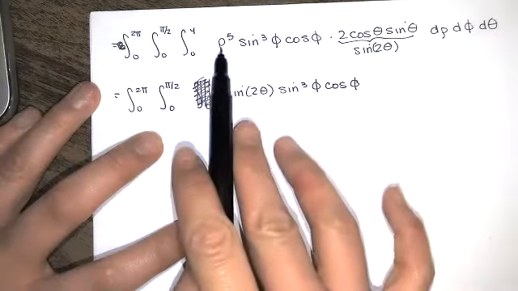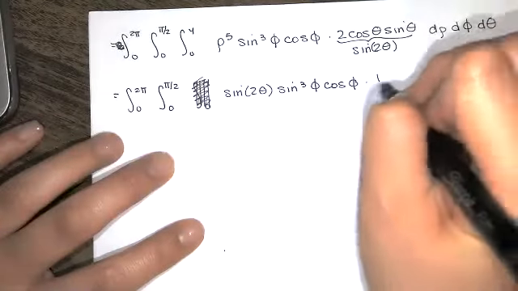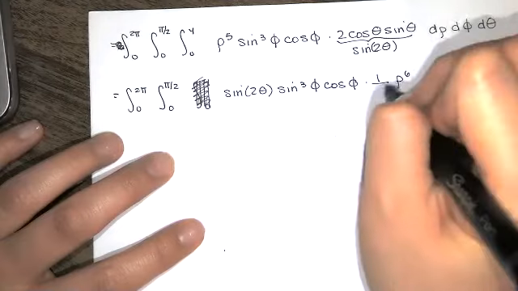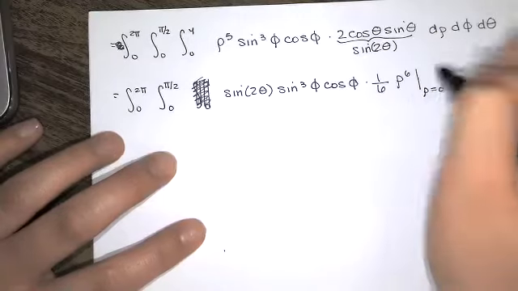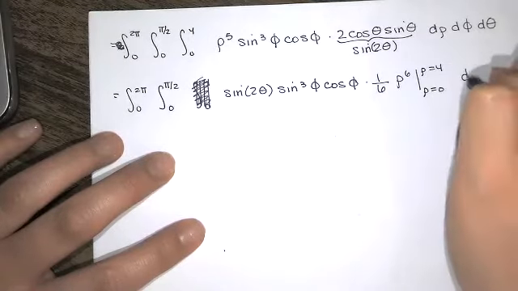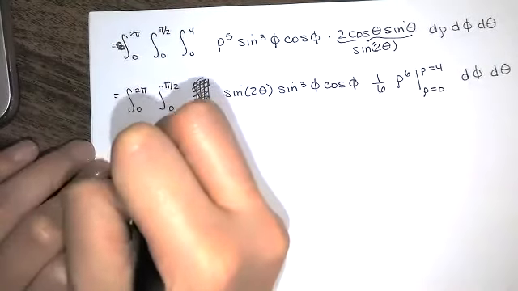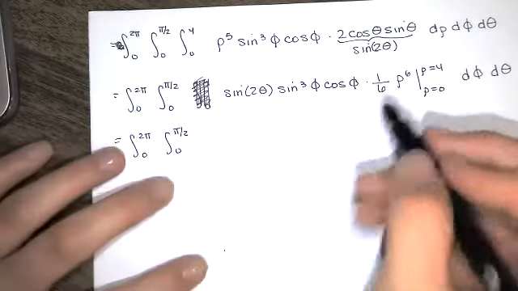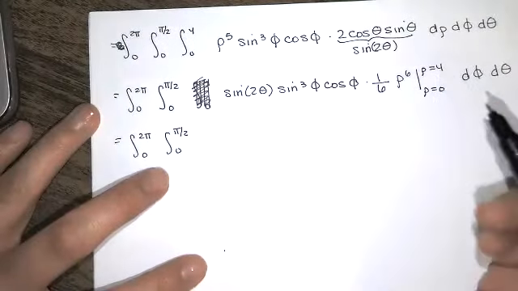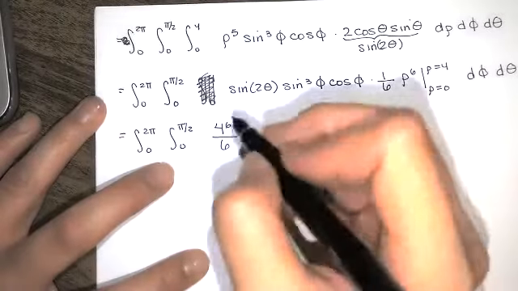And then the antiderivative of rho to the 5th with respect to rho is 1/6 rho to the 6th. First we add 1 to the exponent and then divide by the new exponent. And we evaluate from rho equals 0 to rho equals 4. So we've got 1/6 here and then 4 to the 6th minus 0. So that's gone.